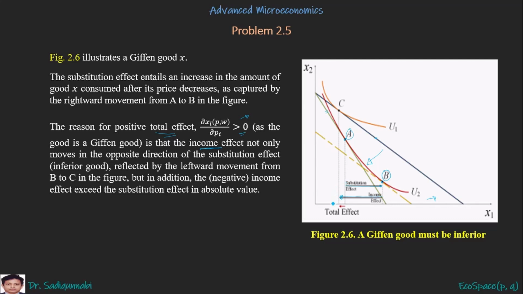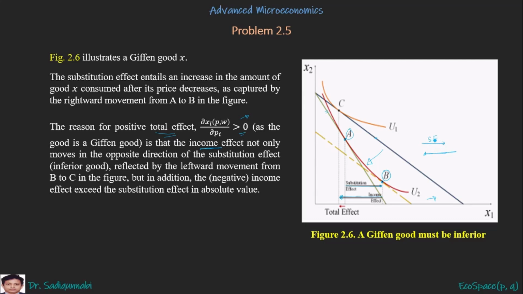So we know that the movement to the right is negative for the substitution effect, but the movement to the left is negative for the income effect. And this movement is more in absolute value than the substitution effect. So this is the substitution effect and this is the income effect.